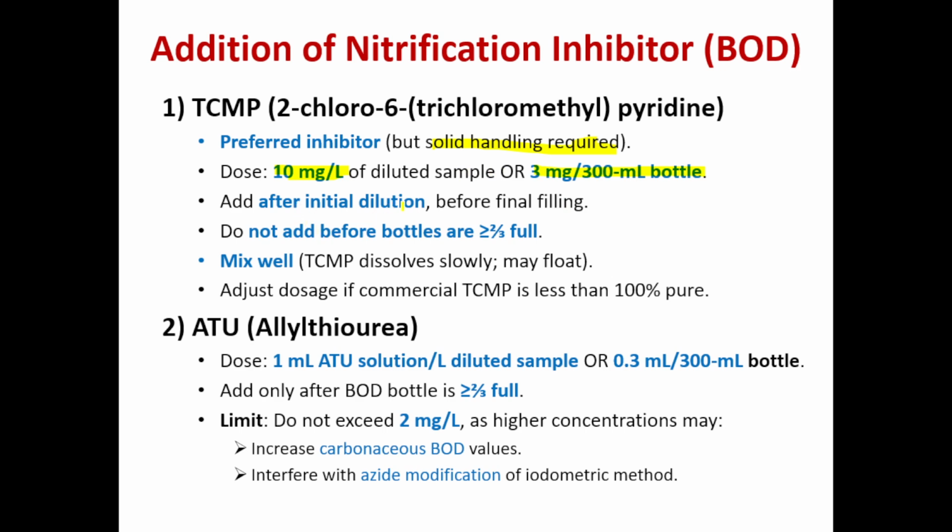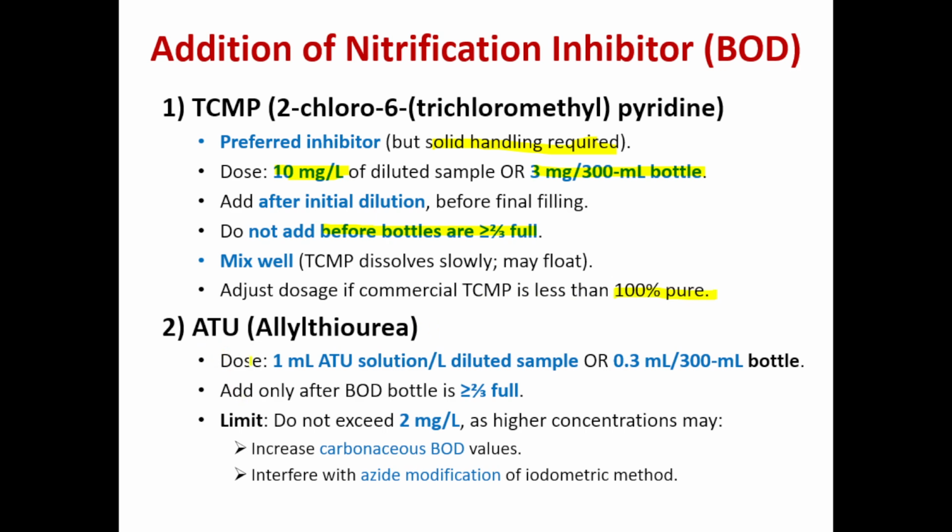Add after initial dilution before final filling, that is, do not add before bottles are two-thirds full. Mix well because TCMP dissolves slowly and may float. Adjust doses if commercial TCMP is less than 100% pure. So we need to adjust doses.